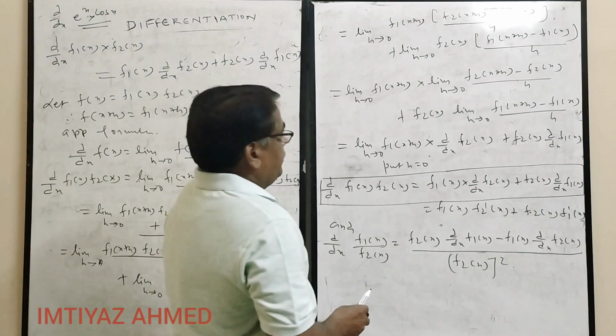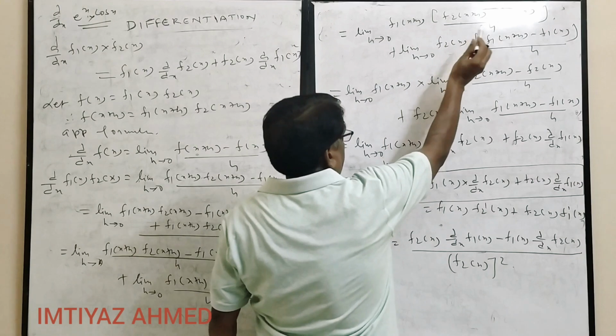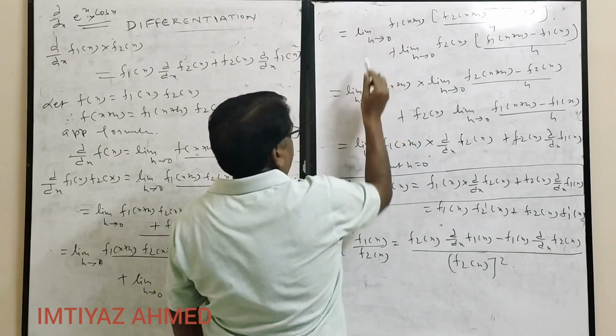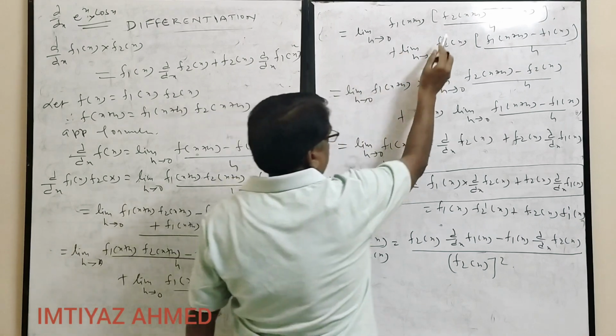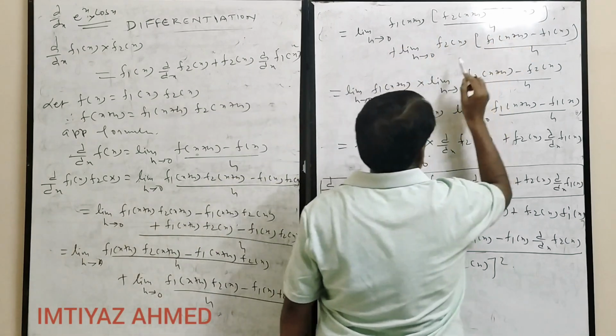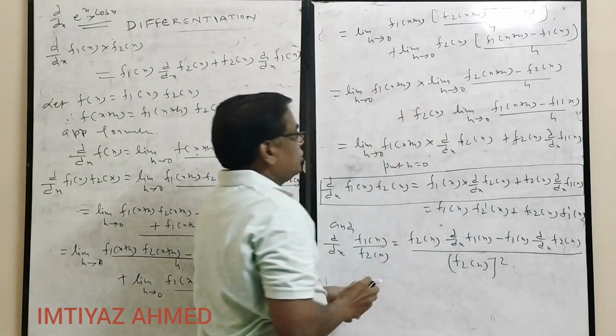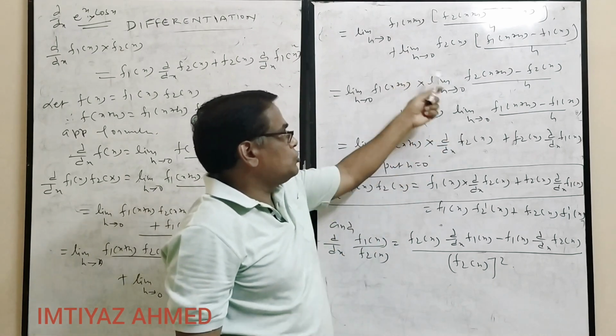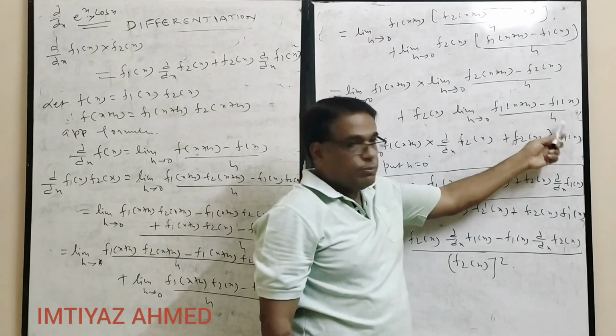Now I know this is the formula for d by dx of f2x. So let us separate this also. Limit h tends to 0 of f1x plus h into limit h tends to 0 of this quantity, plus, here there is no function of h, so no need to write the limit. This is taken out, and limit h tends to 0 of f1x plus h minus f1x by h.